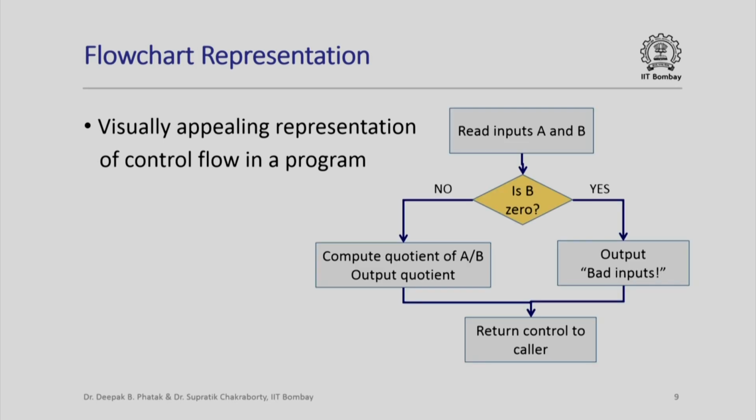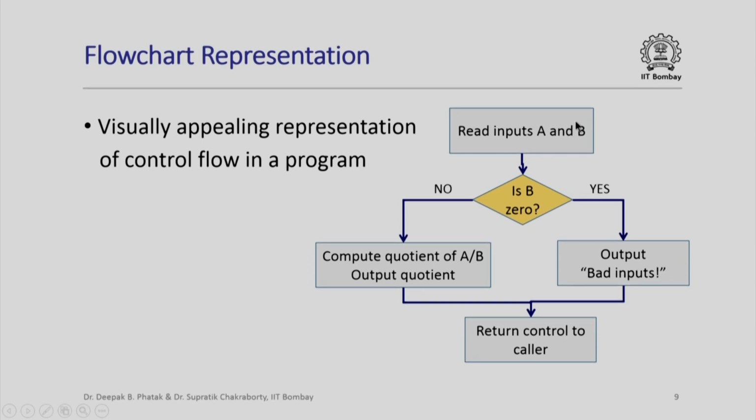Now this form of conditional execution is very nicely and appealingly represented through what we call a flowchart representation. A flowchart is basically a visual representation of how control flows in a program. So here is a simple flowchart for the program that we just saw.